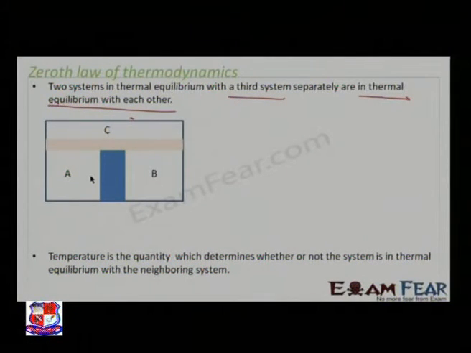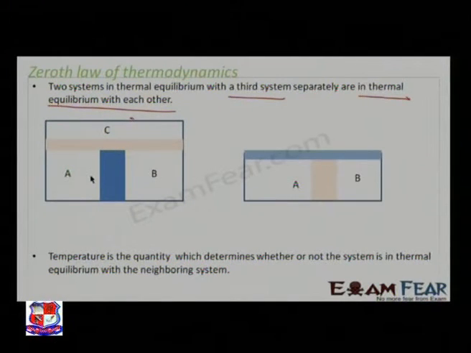But suppose A and B are not in thermal equilibrium. What does that mean? That means that A and B are also in thermal equilibrium. So what do we conclude? That if A is in thermal equilibrium with C, and B is also in thermal equilibrium with C, then A is in thermal equilibrium with B.